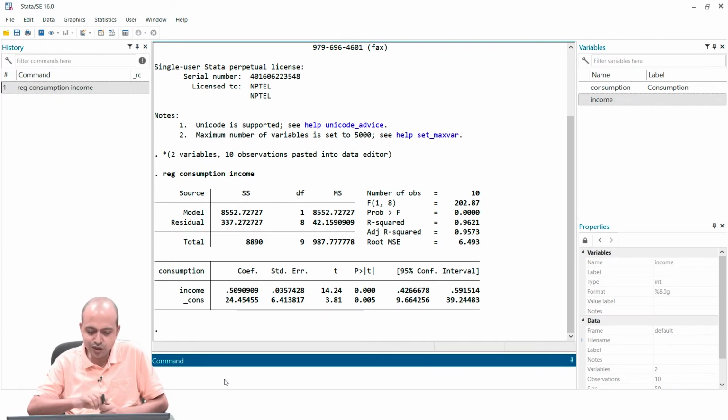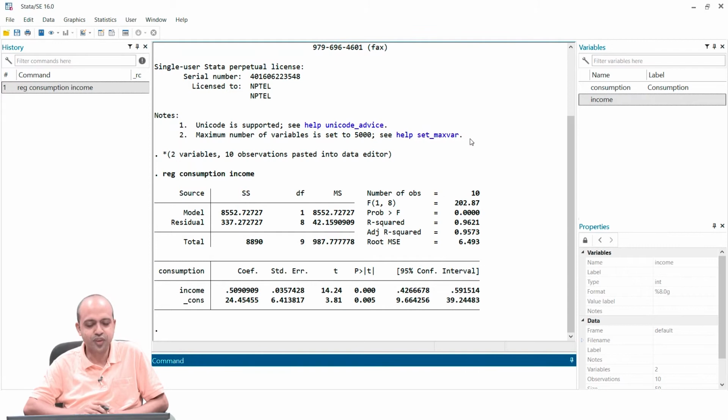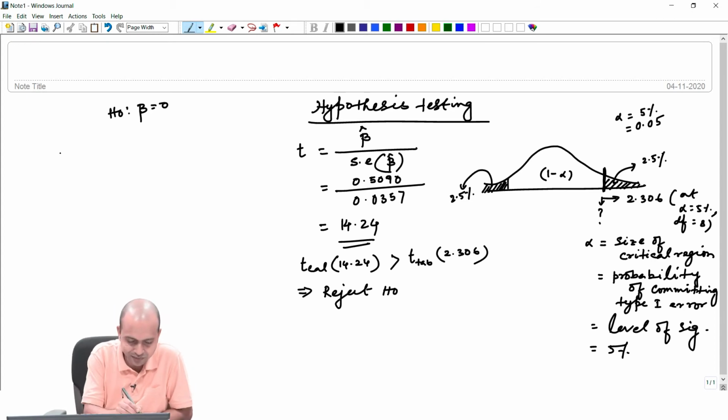What is that additional information? That additional information is here. Look, they have also given something called P. What is this P? You have to keep in mind that this P, what Stata has given, is actually called the exact level of significance.